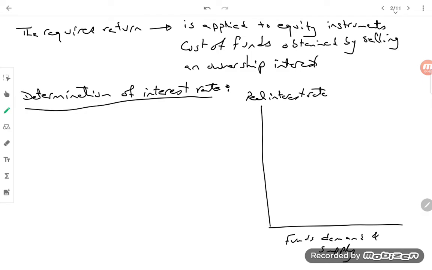It's determined at the point of intersection of demand and supply. Actually, it's supply of savings or supply of funds, so they are the lenders, and demand for investment funds, so they are the borrowers. So this is the lenders' side and this is the borrowers' side.